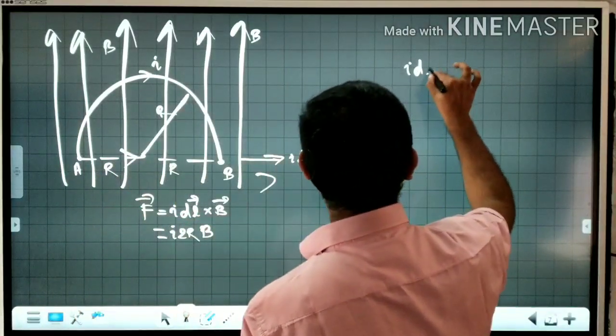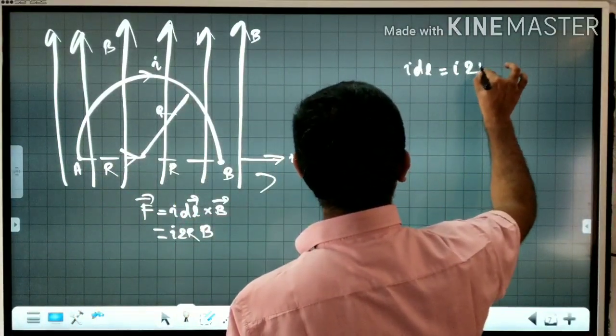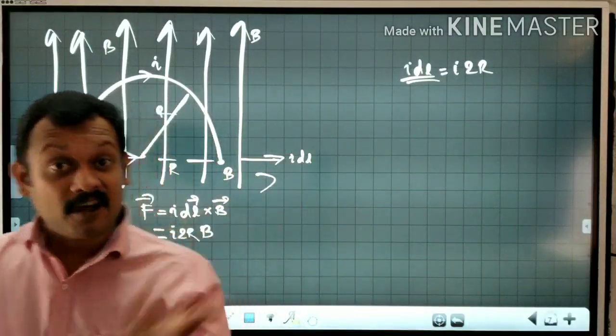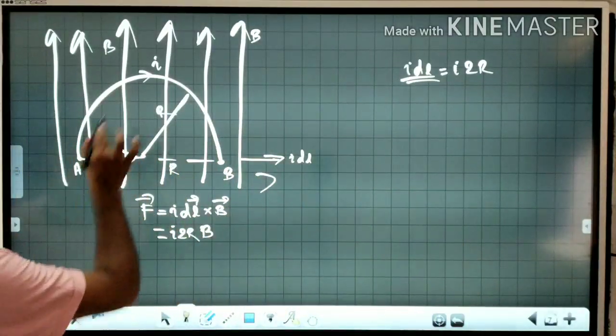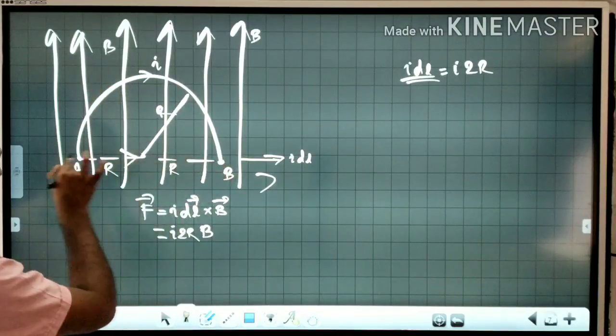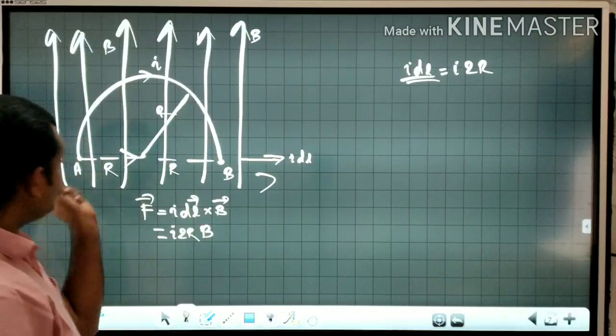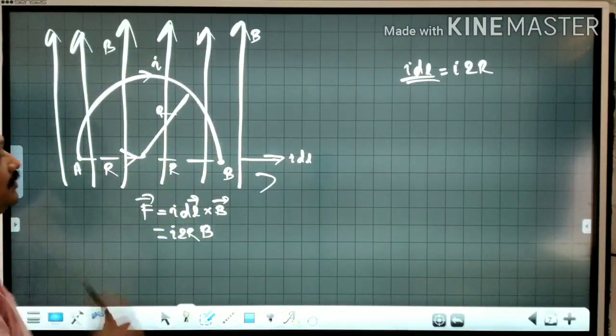IDL is equal to, in magnitude, I into 2R. That is the effective current element. Effective current element is I into the shortest distance between the initial and the final position, that is from A to B. Shortest distance is the diameter of this semicircle.